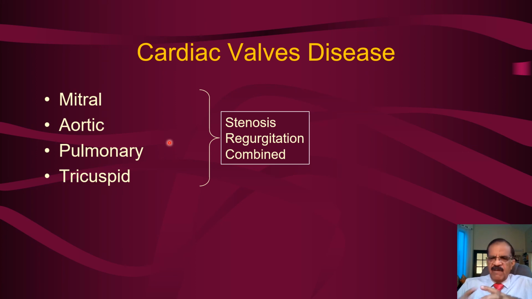And if the valve is destroyed, it would most probably affect both its opening and its closure. So I think mostly it would be a combination, although in some cases it would be predominant stenosis and in others it would be predominant regurgitation. But the majority, I tell you, especially when you do echo, you'll find that it is actually a combination.